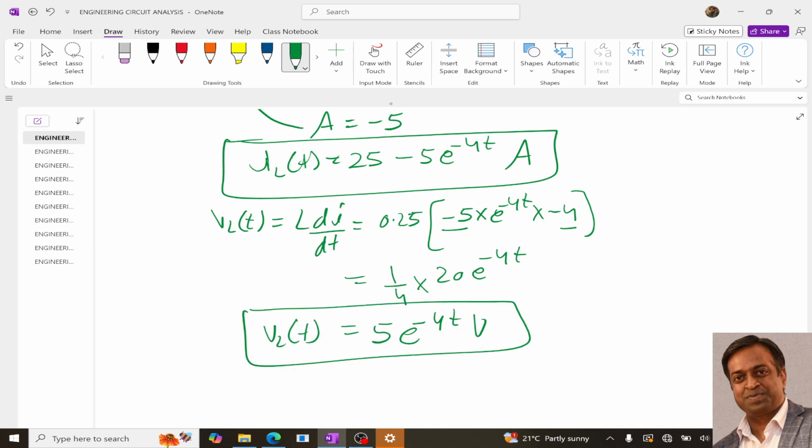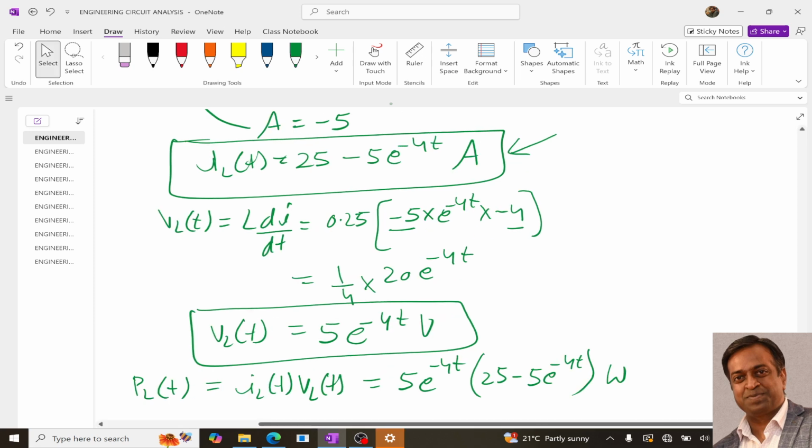Right, now once we get i_L(t) and v_L(t), we can determine p_L(t) by i_L(t) into v_L(t), the product of current and voltage. We will get 5 e power minus 4t into 25 minus 5 e power minus 4t watt.